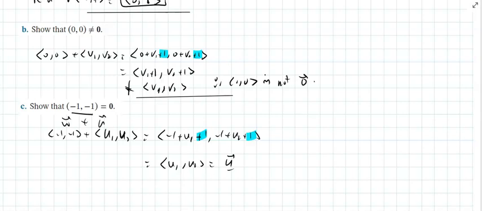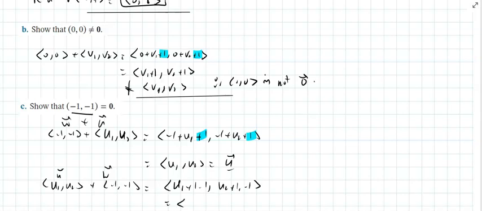Now, if I do it the other way around, if I take u1, u2, which is u, plus this vector w, call it, which is -1, -1, what would happen? Wouldn't that be u1 plus 1 minus 1, u2 plus 1 minus 1? Wouldn't that be u1, u2?